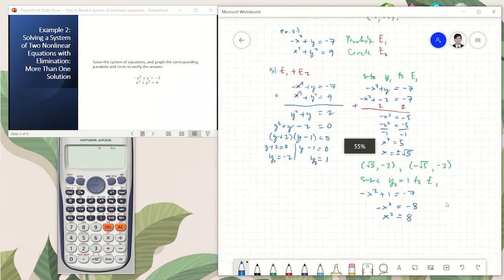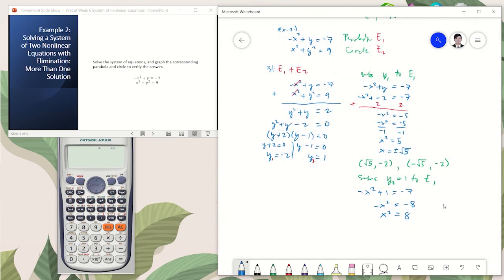And then you get the square root. So that would become positive or negative square root of 8. Why is it that this time we're considering a positive or a negative as a result? Unlike last time, the very last example from our synchronous, we remember that we only take the positive of it.